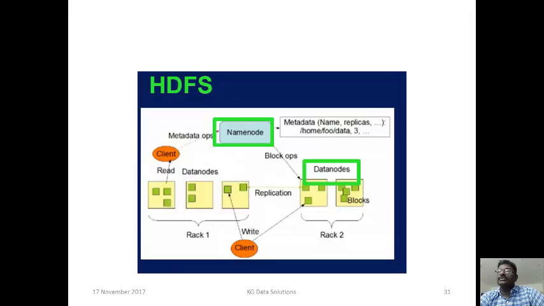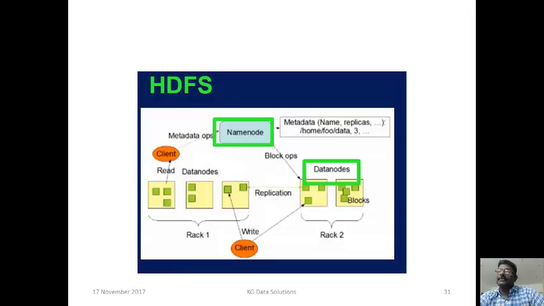So what happens when the client starts is it will first go to the name node, because the name node is the index where it will have all the details. For example, we have a record created in the employee table. The employee table data would be stored in the data nodes. When you want to access a particular employee's record, you run an application, select star from employee table where employee name is Gopal.